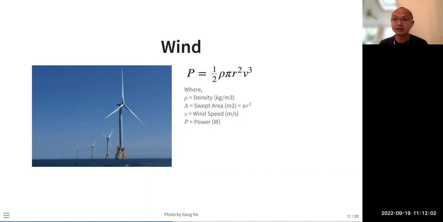And the energy in the moving air mass, or kinetic energy, is half the mass multiplied by velocity, or wind speed, squared.